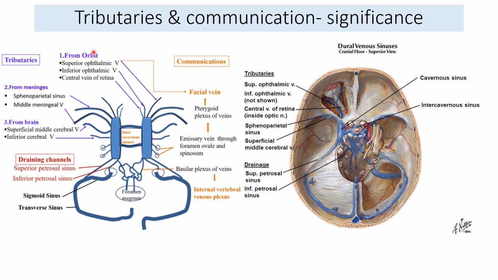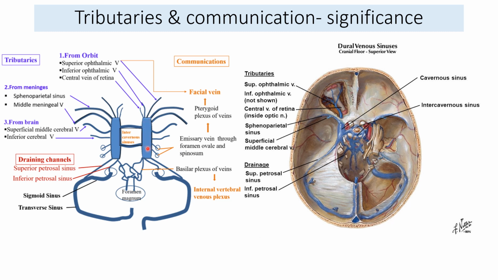And when there is inflammation of the cavernous sinus, which is actually because of an infected vein or a thrombus from the orbit, from the various parts of the meninges, the brain, or from the nose through the emissary vein, or the pharynx, all these thrombi can reach the cavernous sinus.